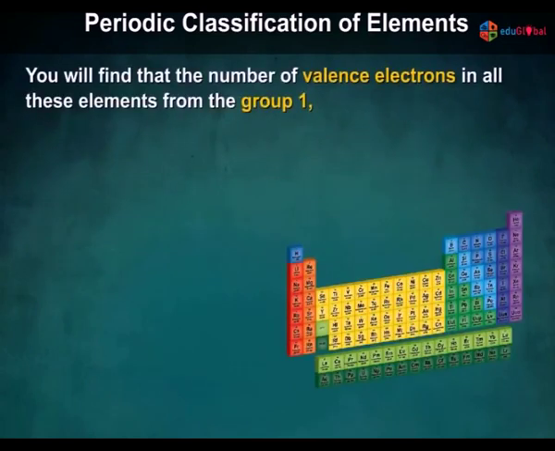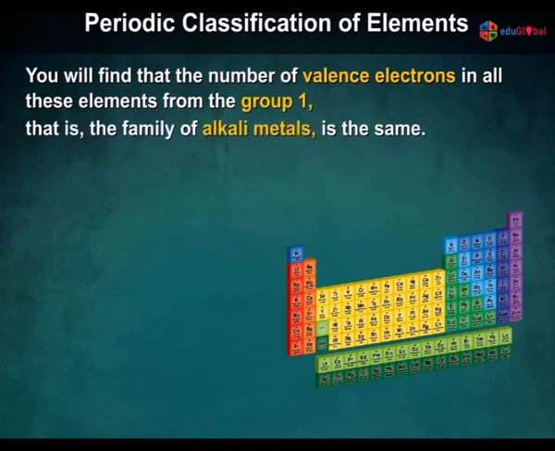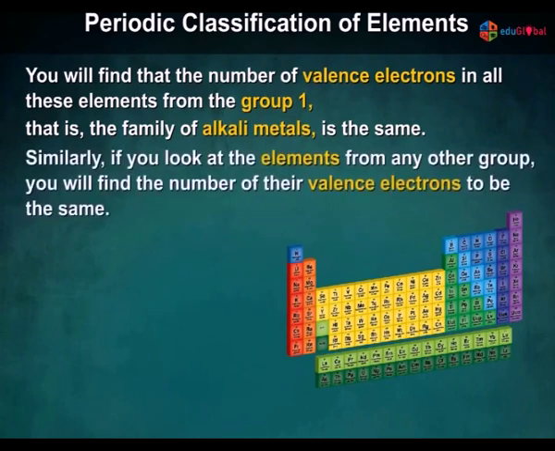You will find that the number of valence electrons in all these elements from group 1, that is, the family of alkali metals, is the same. Similarly, if you look at the elements from any other group, you will find the number of their valence electrons to be the same.